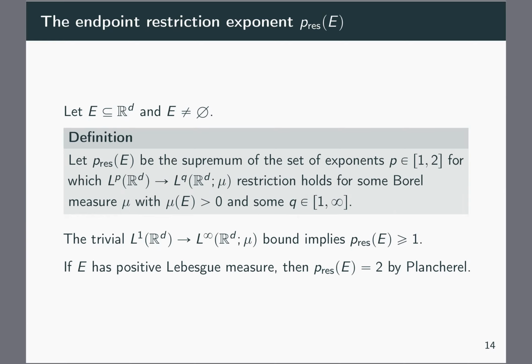Of course, the trivial L^1 to L^infinity(mu) bound implies that p_res of E is always at least 1. On the other hand, p equal 2 is clearly the largest possible endpoint restriction exponent, and that occurs, for example, if E is a set of positive Lebesgue measure, then by Plancherel's theorem, p_res of E is indeed equal to 2. For a typical set, the endpoint restriction exponent will be strictly between 1 and 2.